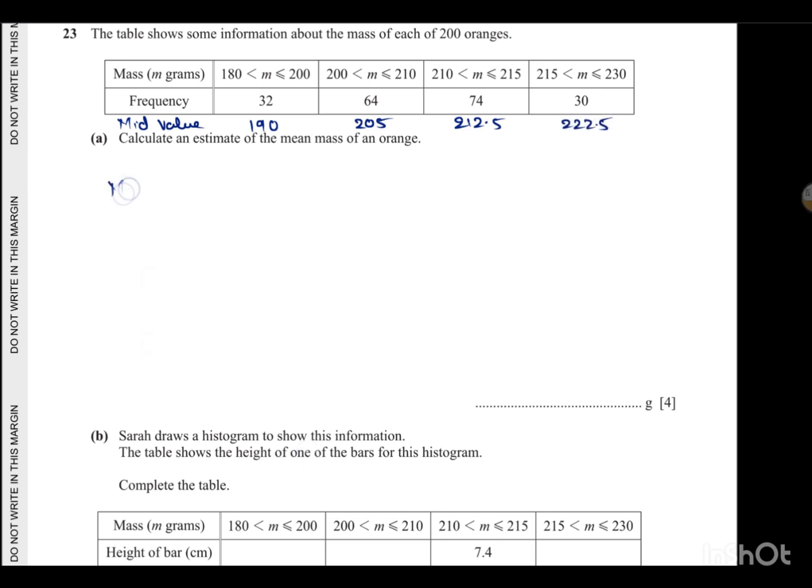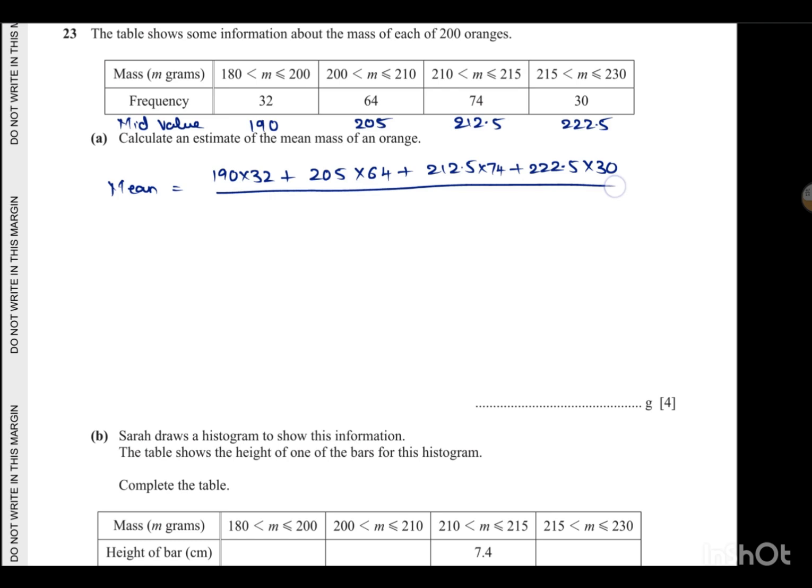Now find the mean. Mean is equal to the mid value multiplied by frequency for every class and add them, divided by 200 oranges, that is total number of oranges.